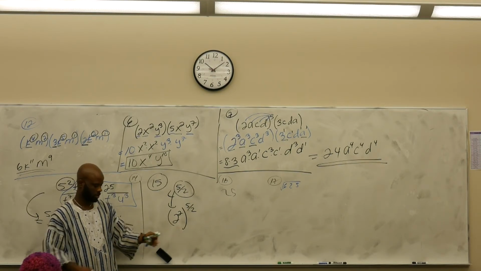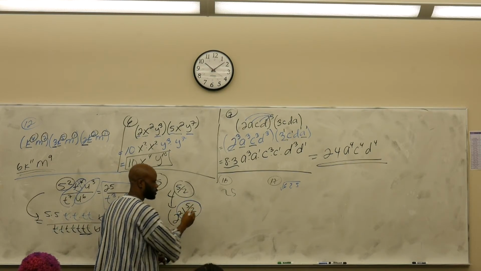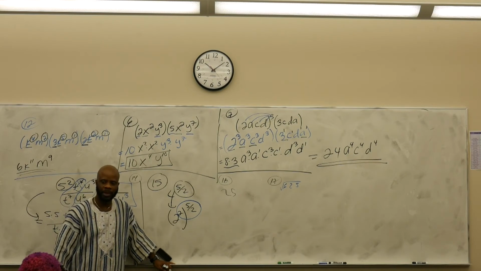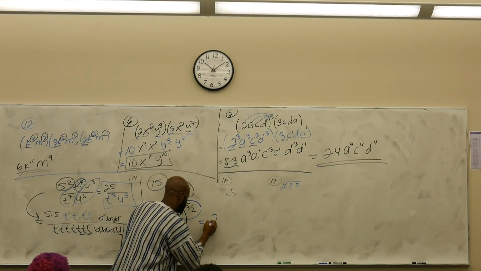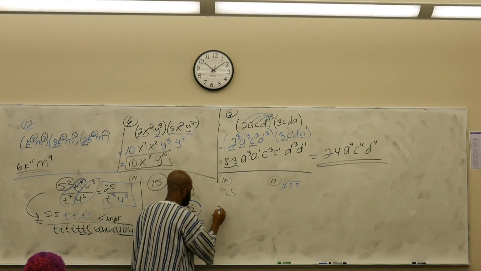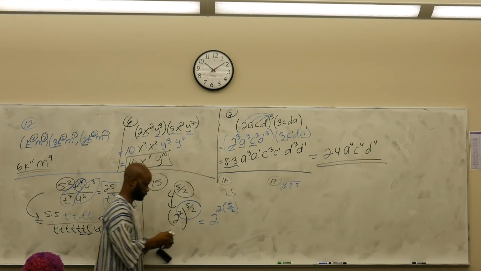We're good? Now, we have a power to a power. What do we do when we have the power rule? We multiply. So, this is 2 to the 2 times 5 over 2.